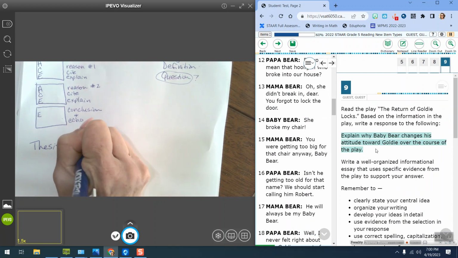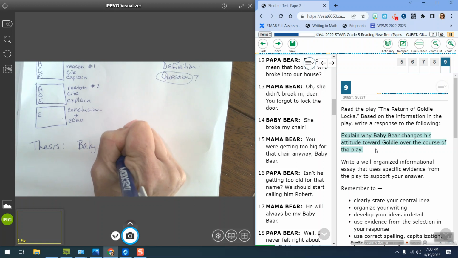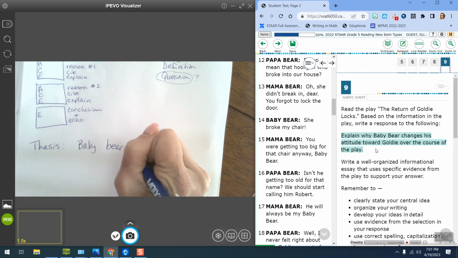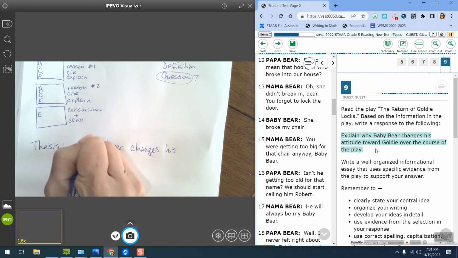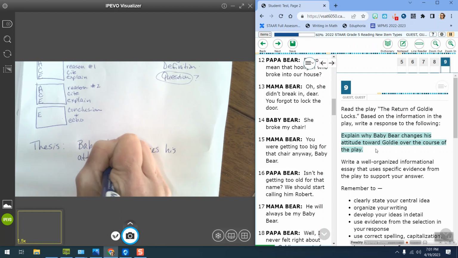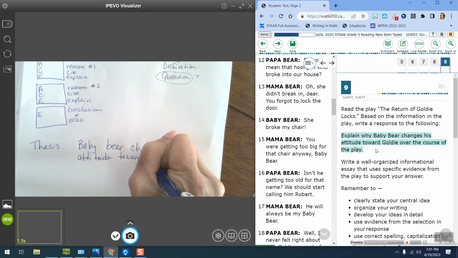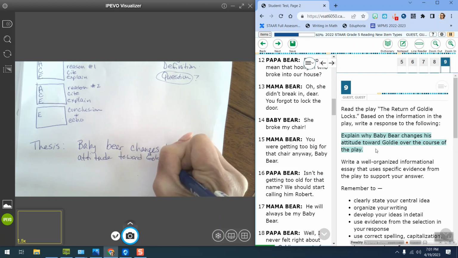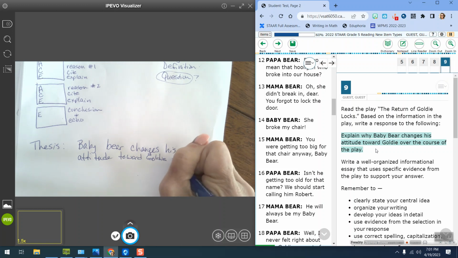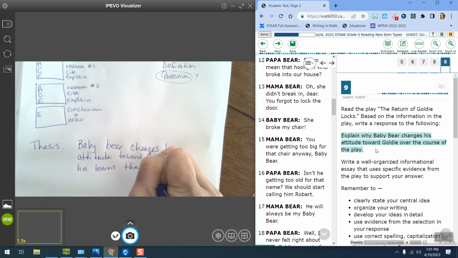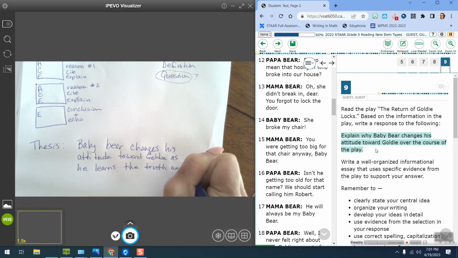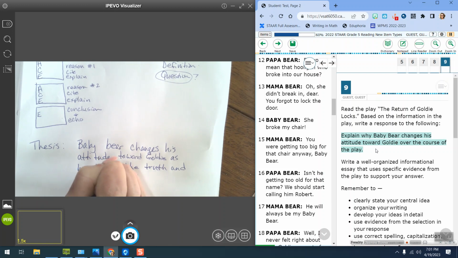Baby Bear changes his attitude toward Goldie as he learns the truth and begins to understand her more.